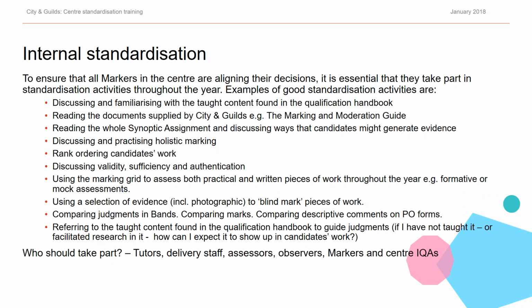So perhaps a good idea would be to, during a practical activity, give an observer a practical observation form and say, I'd like you to describe that one candidate in those assessment objectives, and then give that form to somebody else for them to try and assign marks using the marking grid. That might be quite a good way of getting them used to assigning their judgments according to the band descriptors, but then also that marker to assign marks using that form.